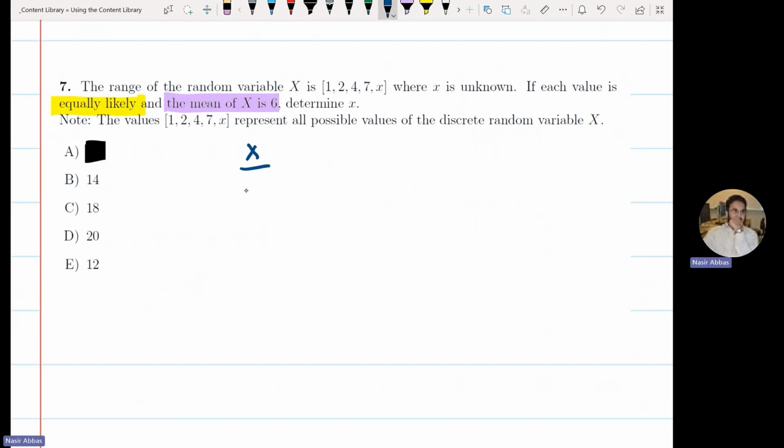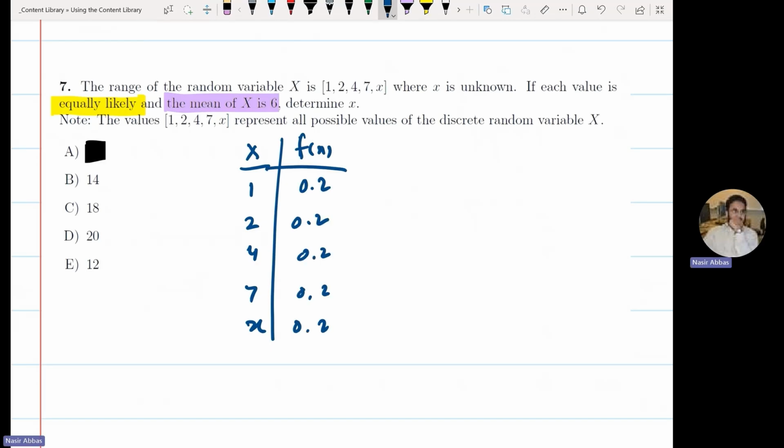What are the values of X which are possible? What are the corresponding probabilities? Let me call it f of x. 0.2, 0.2, 0.2, 0.2, 0.2. For finding the mean, what do we need? So 0.2, 0.4, 0.8, 1.4, 0.2x.